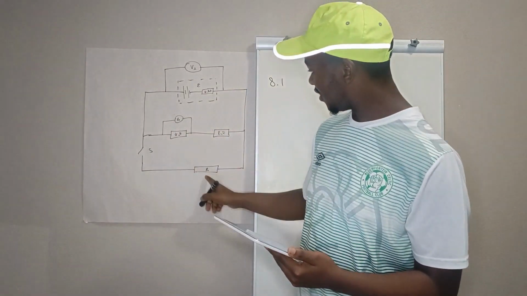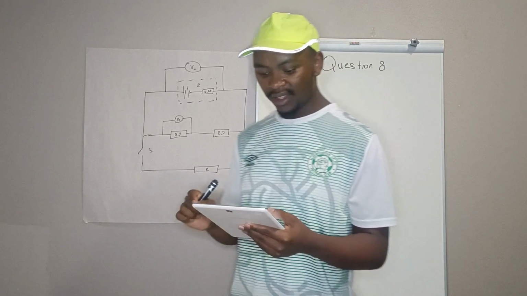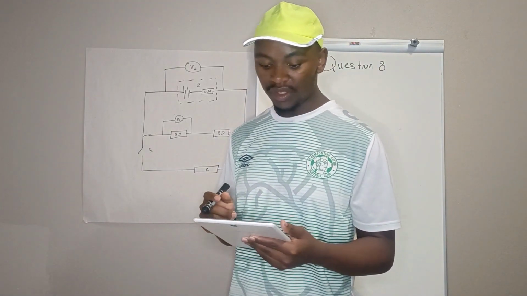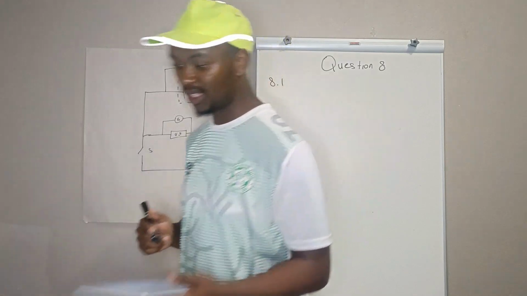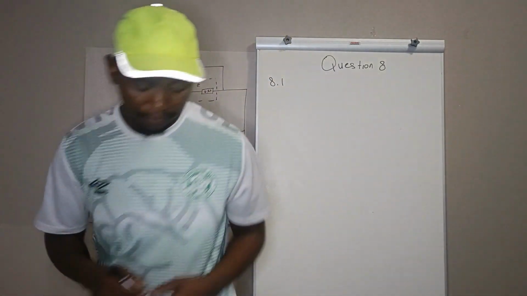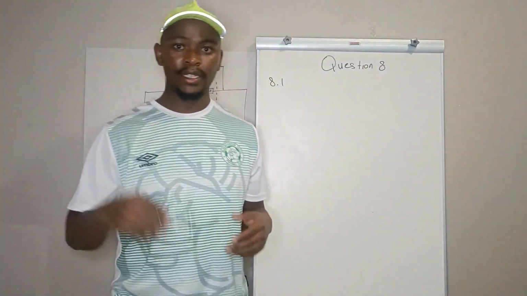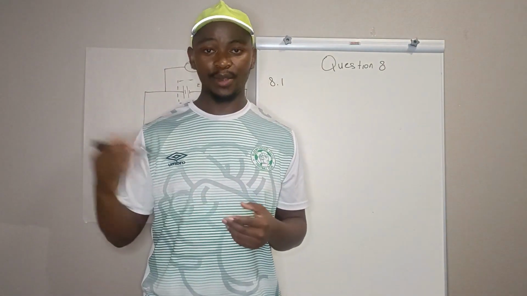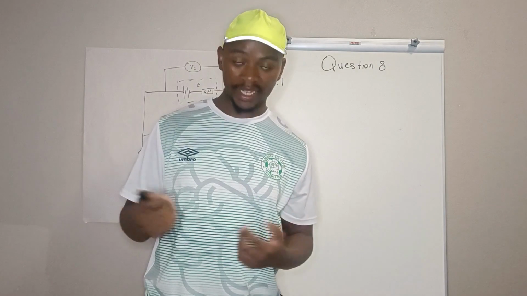Okay, they're saying there's these three resistors here, and they are mentioning that these are ohmic conductors, and we're asked to define what are ohmic conductors. Ohmic conductors. There's two words in here. There is a conductor, and then there is ohmic.